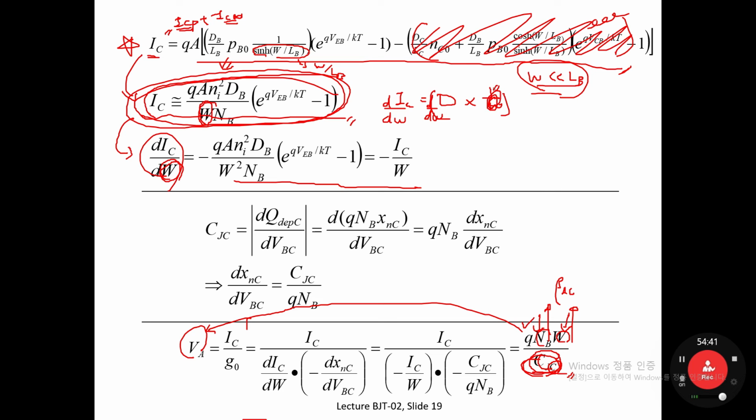Very simple. That is minus 1. So if we take a derivative with respect to W, that is minus 1 times W to the minus 2 times something, right?